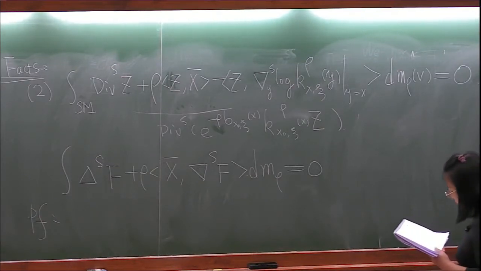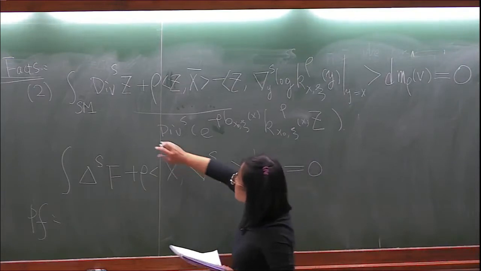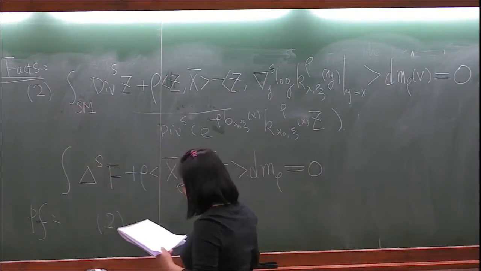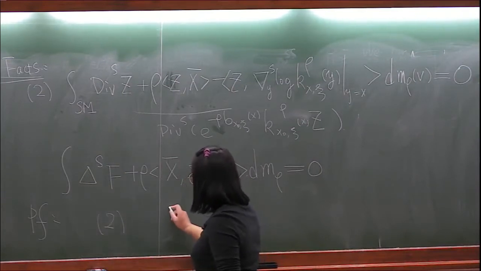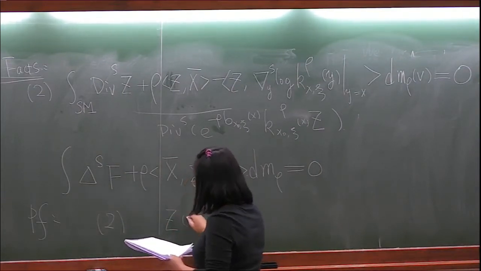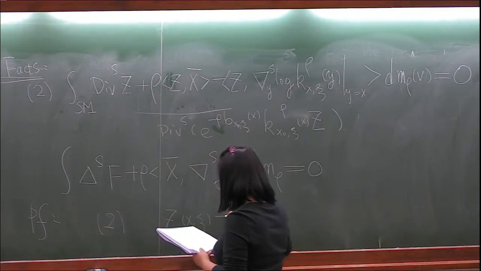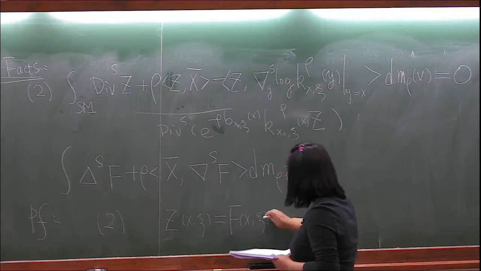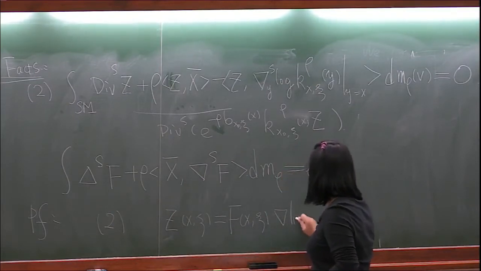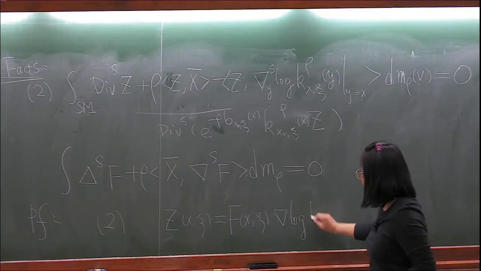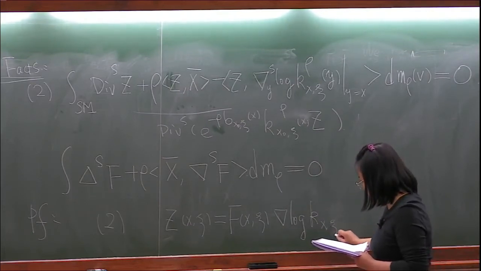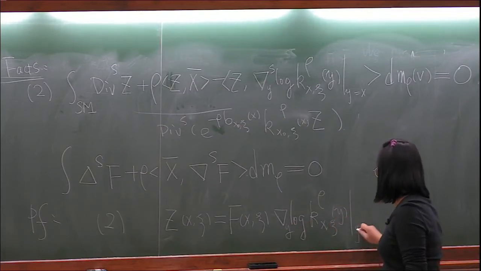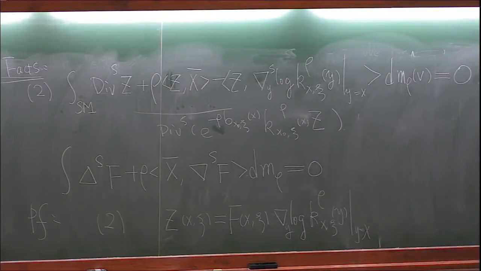Again, you use these two. Then you apply this to z x c equals f x c times the gradient of the logarithm of k. You apply it to this function.